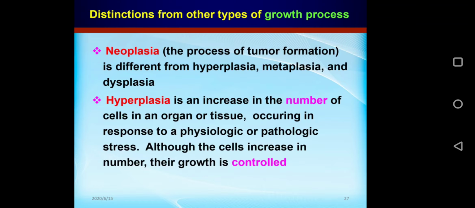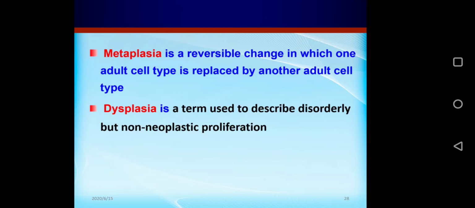All these cells are normal and mature. So the very important feature is that the growth is controlled. The second term, metaplasia. Metaplasia is a reversible change in which one adult cell type is replaced by another adult cell type. So metaplasia is a protective reaction.